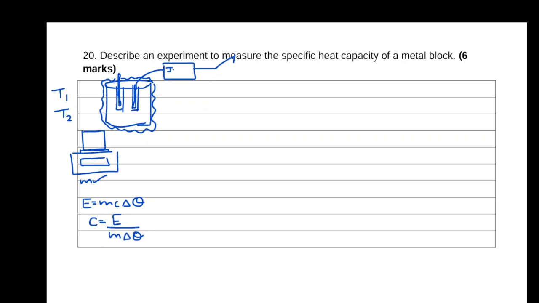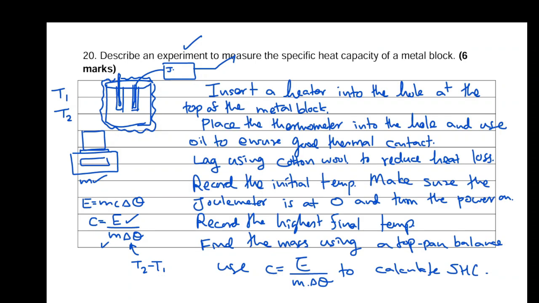So, the reading of the joule meter gives you the value of E. Mass is the mass that you get from weighing it using a top pan balance, and delta theta is the change in temperature, T2 minus T1. When you put these values in, you can calculate the specific heat capacity. So I wrote the answer, so you can write something to this effect.